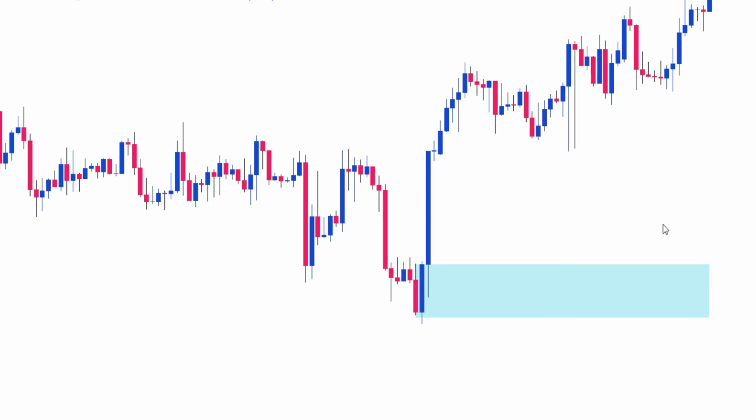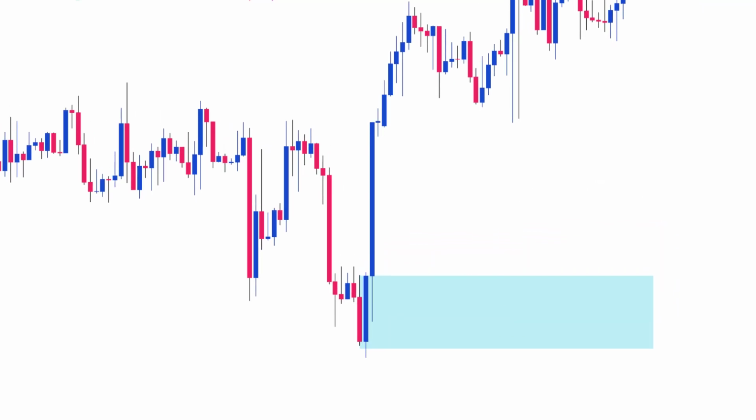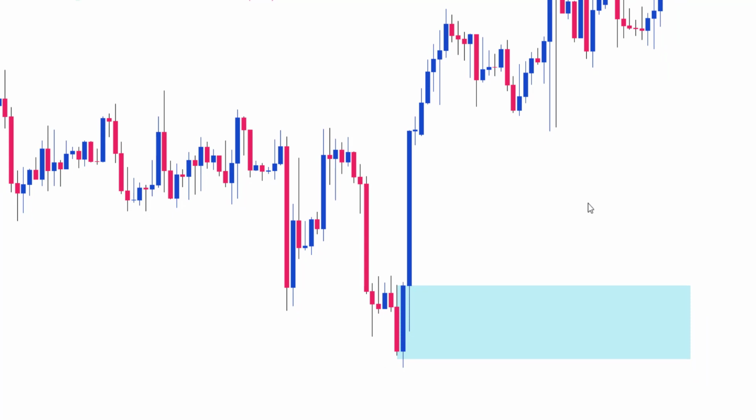does it meet the requirements of an order block? Let's look at it and see. We are looking for price to actually close above the order block. And by the way, if you're marking an order block, you want to mark out everything, including the wick and the body.